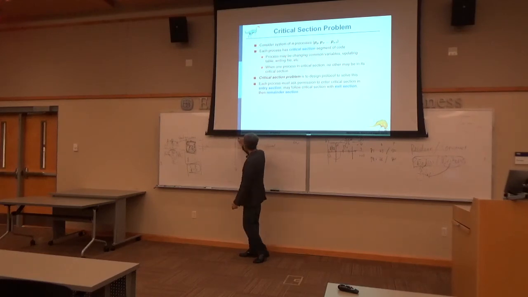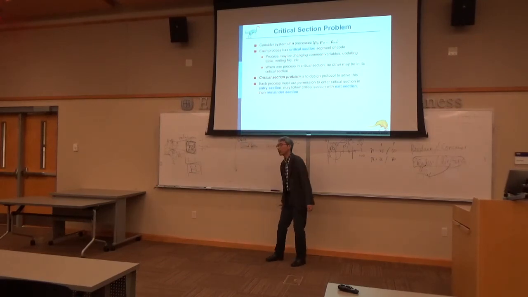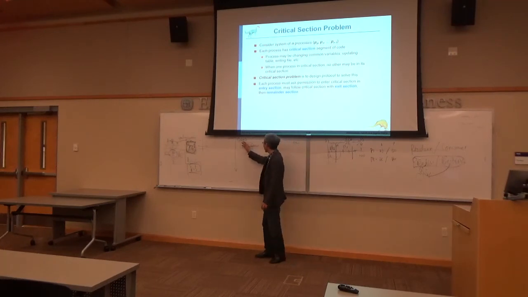If the system would like to access this shared data, this is called the critical section. Then the instruction code before the thread enters the critical section is called the entry section. When we exit, this is called the exit section.